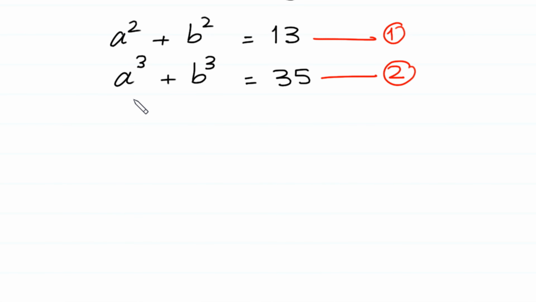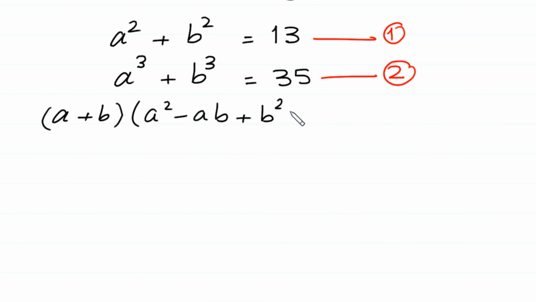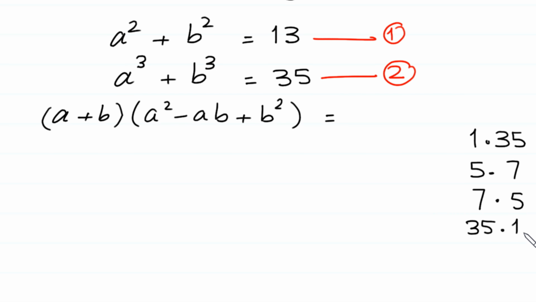Next, according to an algebraic identity, a cube plus b cube is equal to a plus b times a square minus ab plus b square is equal to, and this 35 can be factorized as 1 times 35, 5 times 7, 7 times 5, and 35 times 1.